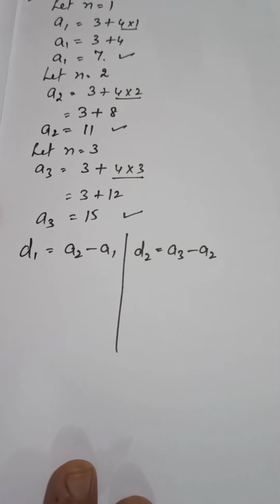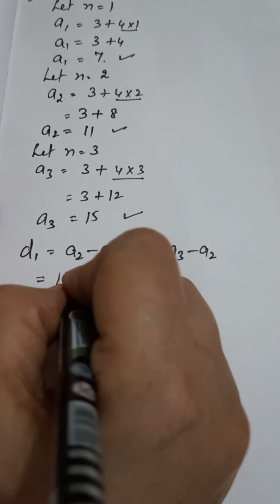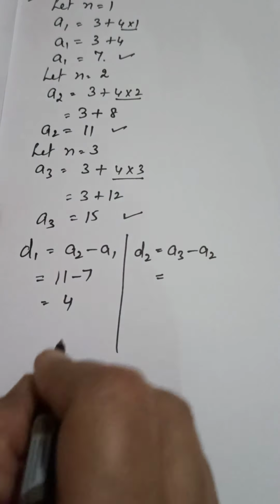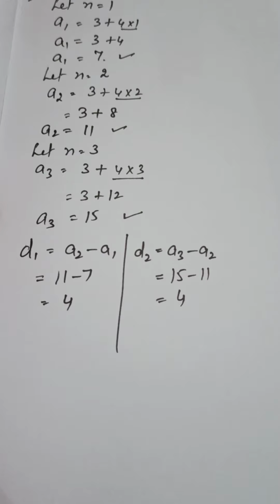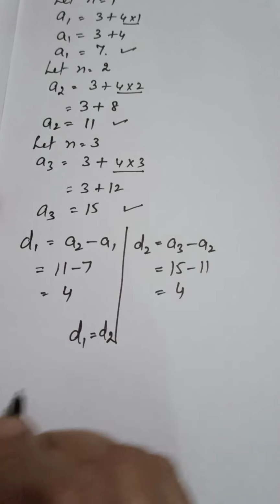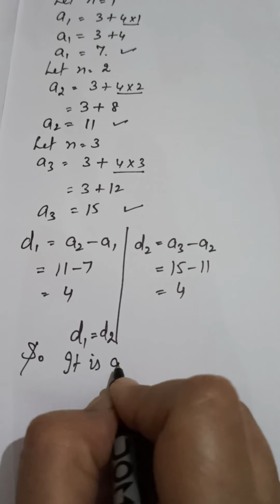If both differences are the same, then we say okay, it is an AP. A2 minus A1 becomes 11 minus 7, that is 4. A3 minus A2, 15 minus 11, that is equal to 4. It means D1 is equal to D2. So it is an AP.